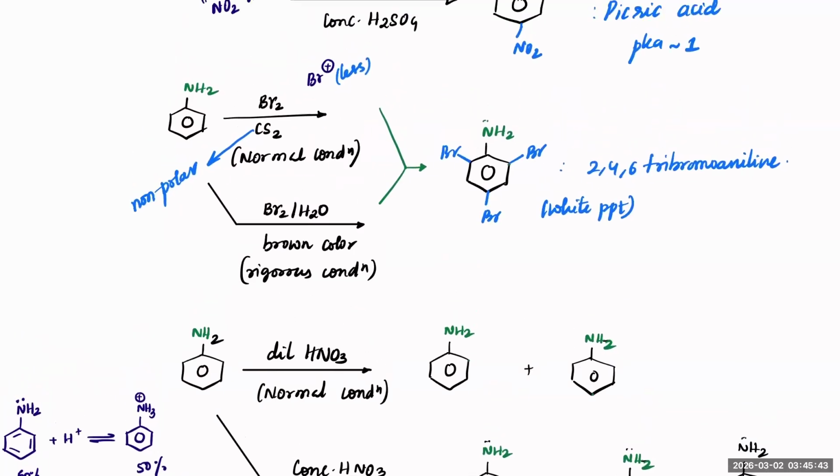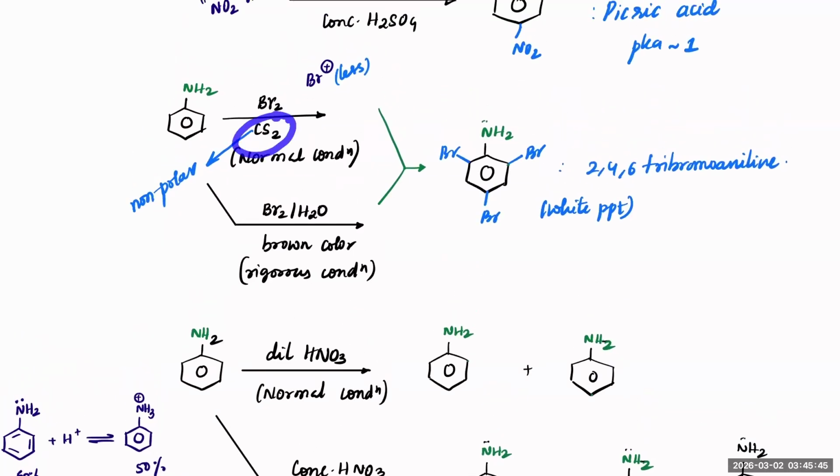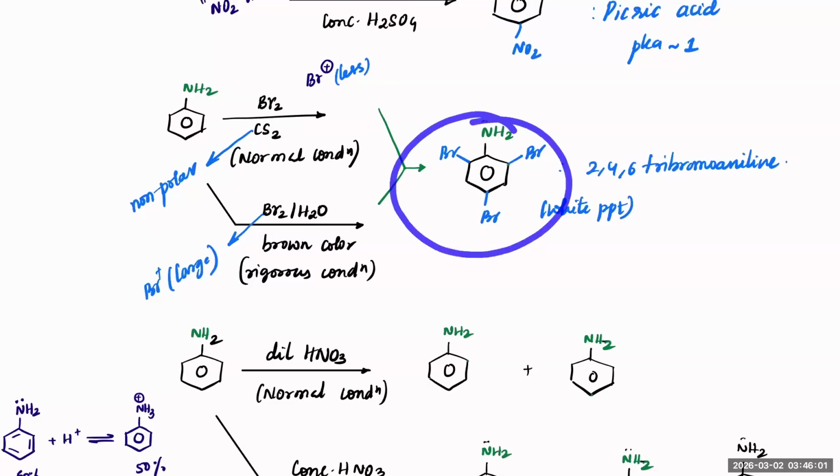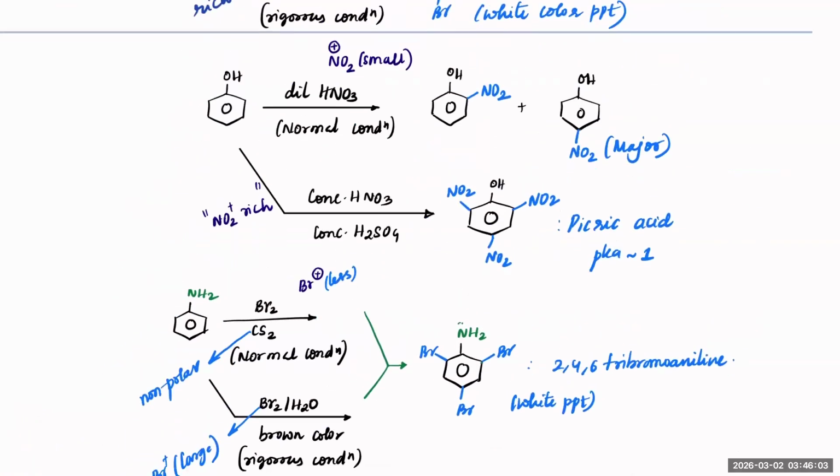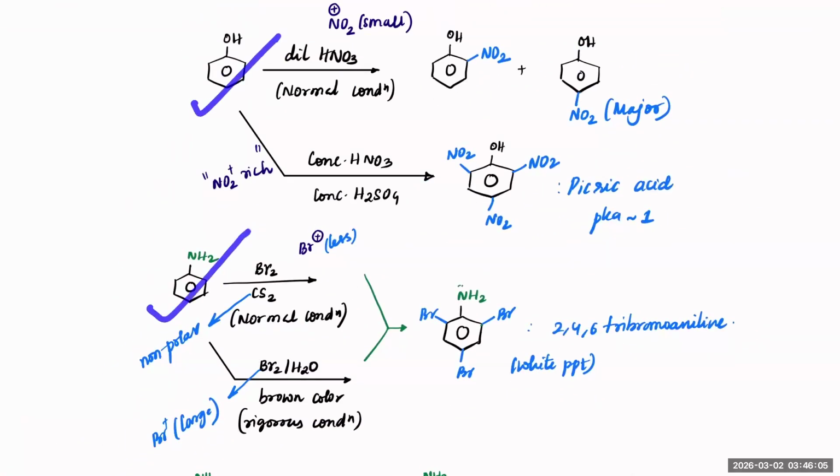So you could notice that even with a non-polar solvent and less Br, you are getting it. If you have a polar solvent, Br plus is rich here, so the Br plus quantity will be large. In that case, definitely you will get 2,4,6. So this is a differentiating factor between phenol and aniline, everybody.